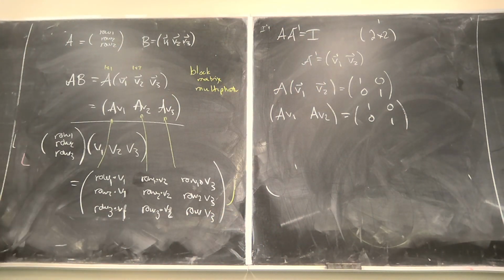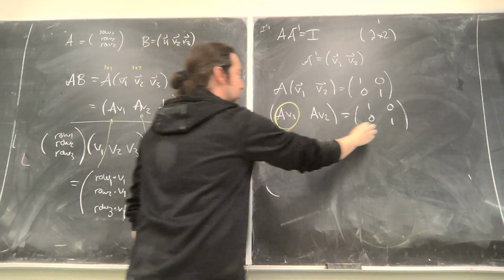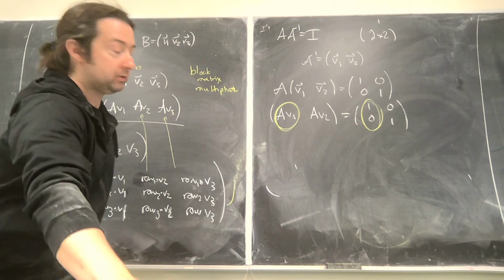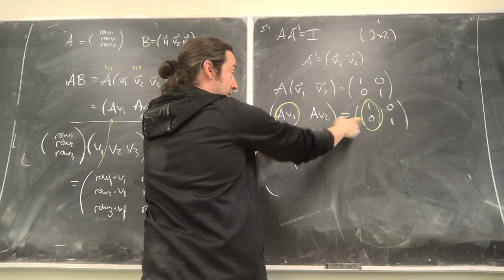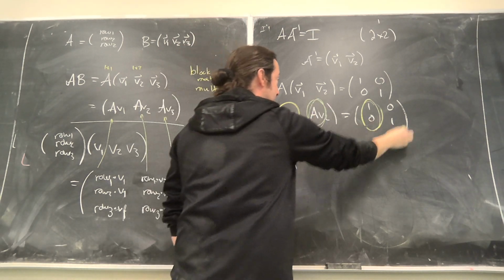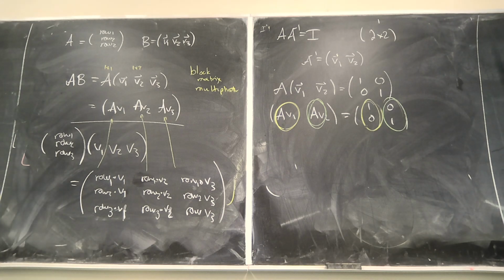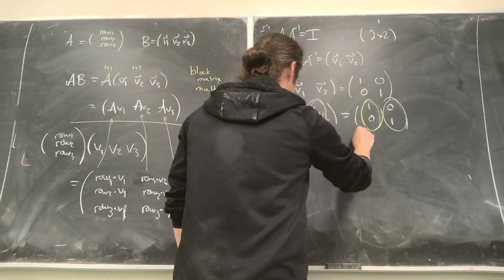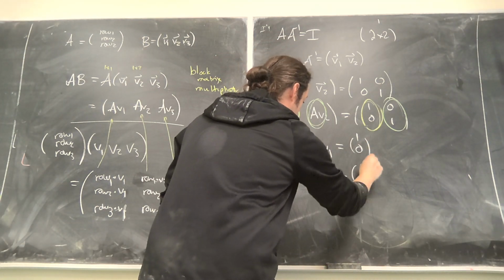So if I want to find the inverse of the matrix, instead what I could do is figure out the solution to this problem where AV1 is equal to 1, 0, because that first column of this matrix has to be equal to the first column of this one, and the second column has to be equal to the second column. So now I've got two problems to solve, making my life harder. I want to solve AV1 equal to 1, 0, and AV2 equal to 0, 1.